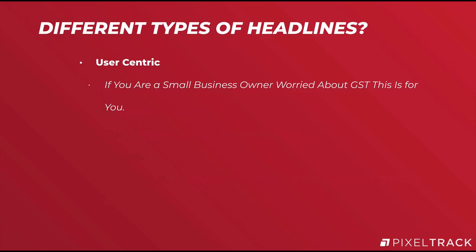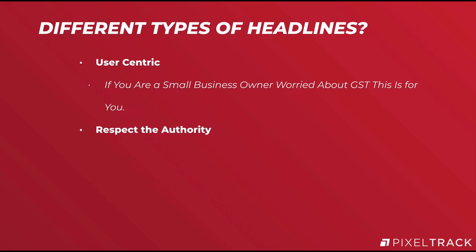I need to know what this is all about. And also, I'm speaking about a problem that a lot of small business owners might have. Without divulging any more information about what it is, I'm still creating that sense of curiosity. So try to make it user-centric also, it works really well.